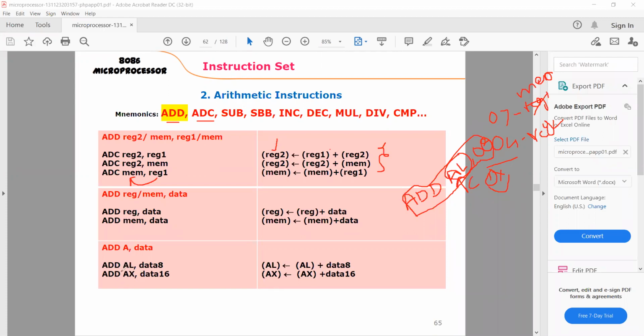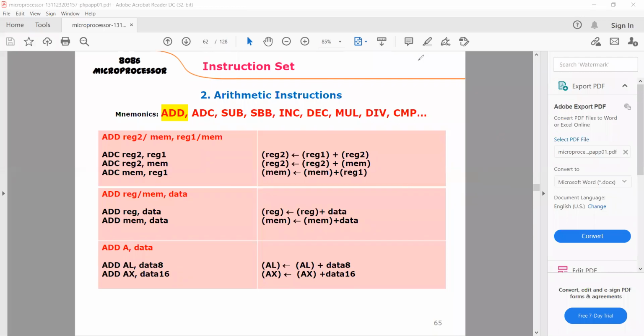Here the 8-bit data will get added to the data present in the AL register, and similarly here the 16-bit data will get added to the 16-bit data present in the AX register, because the AX register holds 16 bits and the AL register holds only 8 bits. That is about ADD and ADC instructions. Hope this category is clear to you.